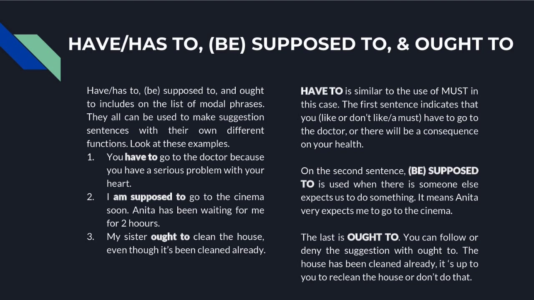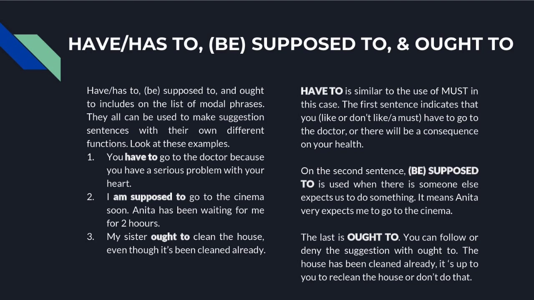Well, on the next slide, I'd like to explain to you about the use of have or has to, be supposed to, and the other functions of ought to. Okay, have or has to, be supposed to, and ought to are included on the list of modal phrases. They can all be used to make suggestion sentences with their own different functions.